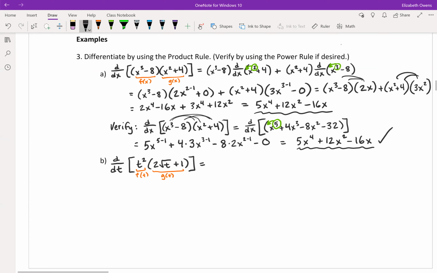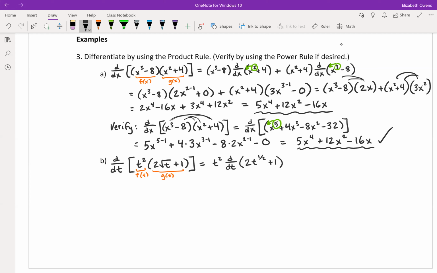And that's, again, why I tend to just call them first and second instead of f and g, because then it's easy to say like, oh, f of x, but it's really f of t. Okay. So for our product rule, we'll have our first function, t squared, times the derivative with respect to t of the second function, which I'm going to rewrite that real quick as 2t to the 1/2 plus 1 instead, because we don't really like radicals when we're doing derivatives.